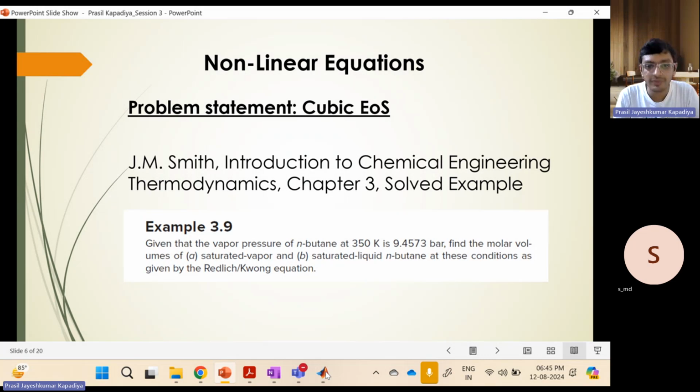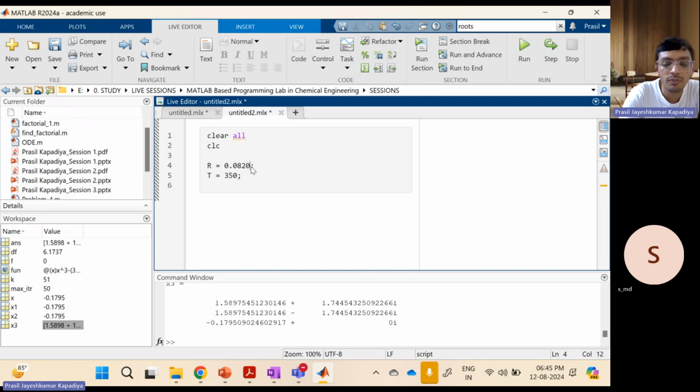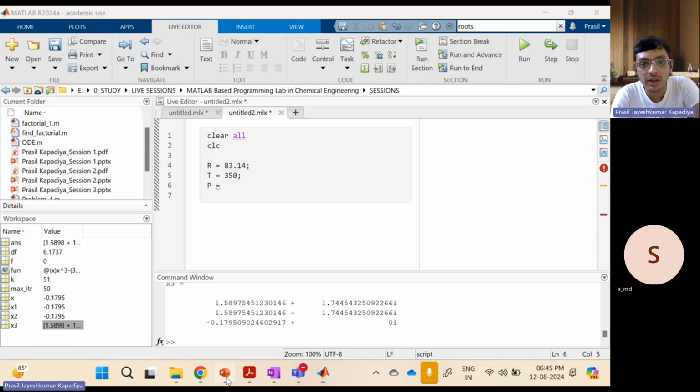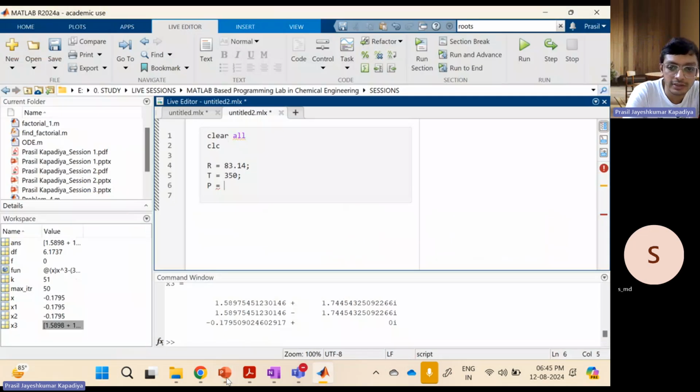R I'm taking in a different form, 83.14. T is 350 Kelvin. Then pressure is equal to, what is the pressure given? 9.4573.